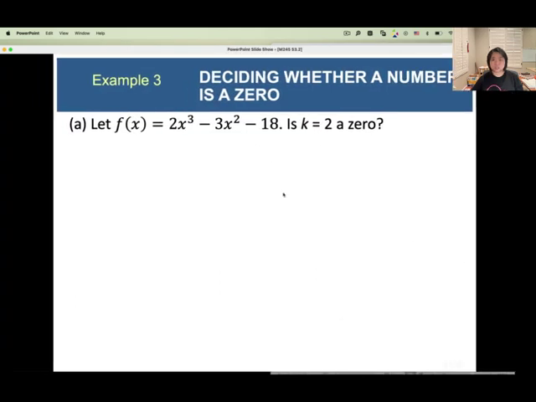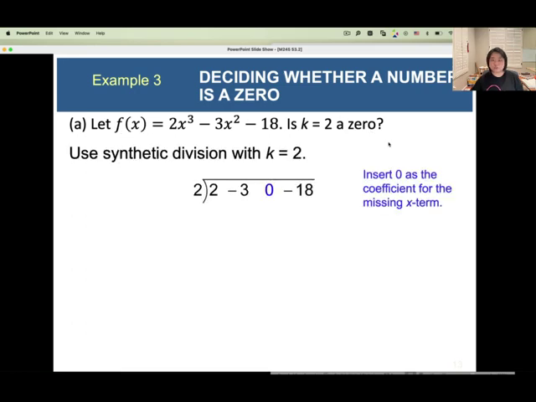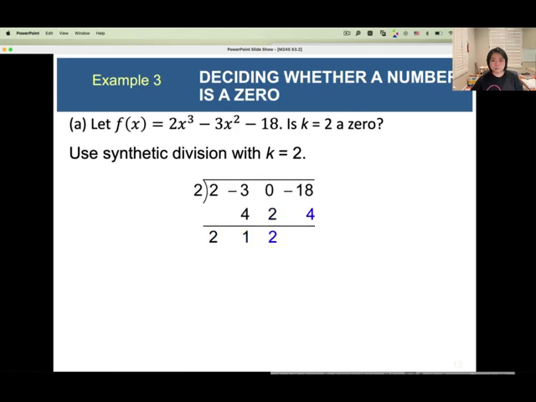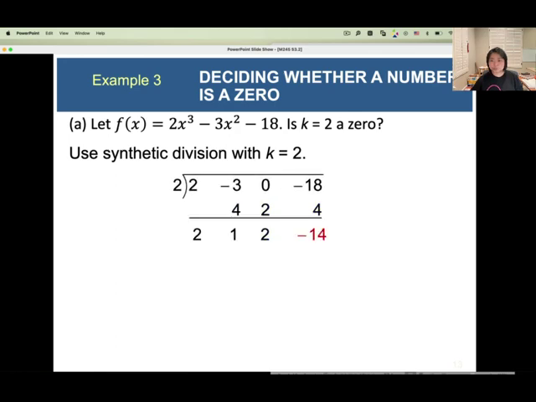Okay, let's try this one. We have the f of x, and I want to know, is k equal to 2 a zero? So let's plug it in, find out f of 2. Or you could use synthetic division. Okay, plug in k equal to 2. So try. You should get the remainder is going to be negative 14, right?